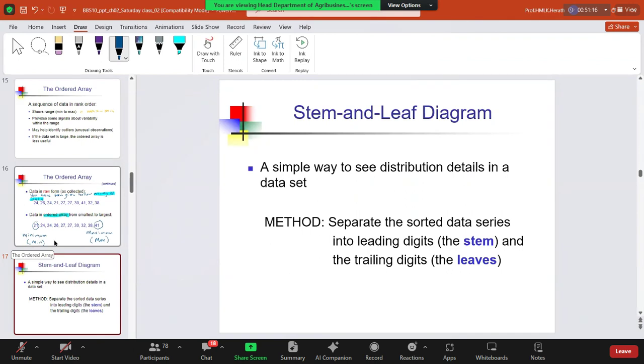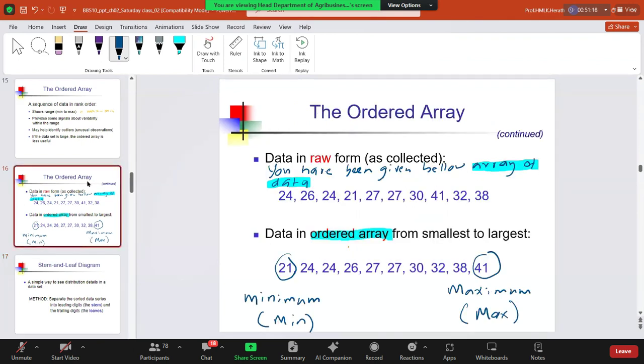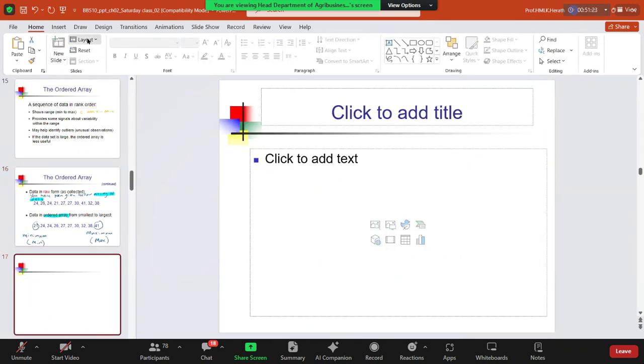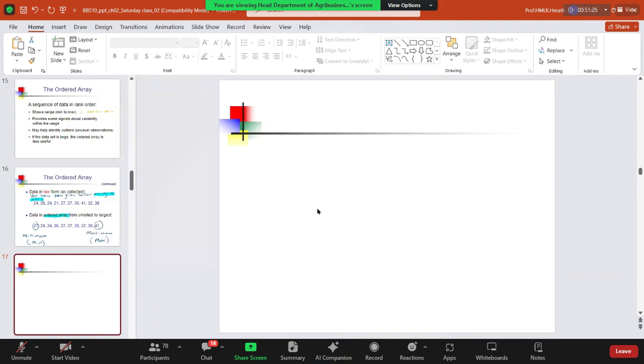Okay, let me talk about the distribution. What is meant by distribution of data?